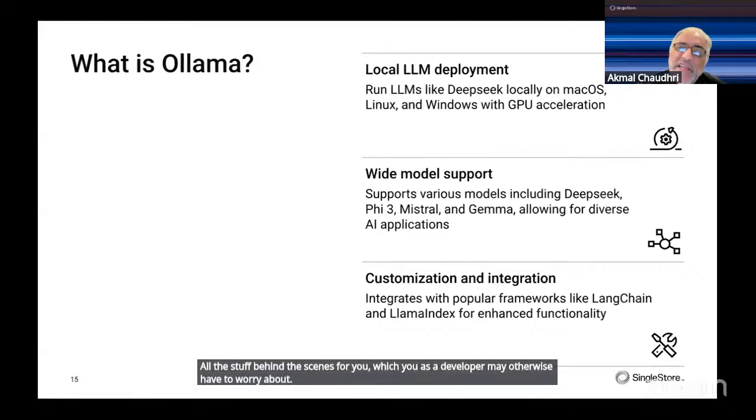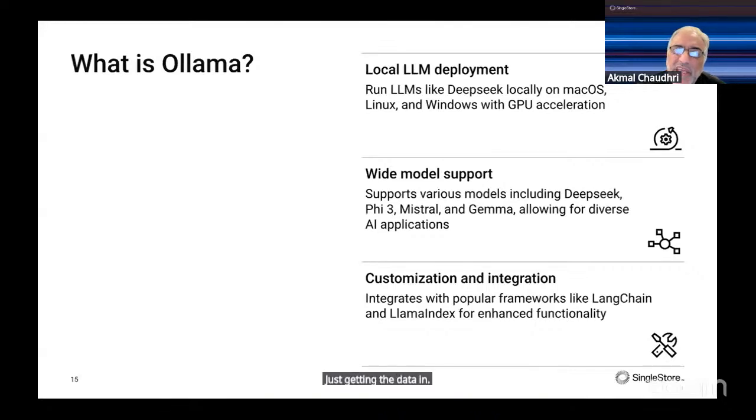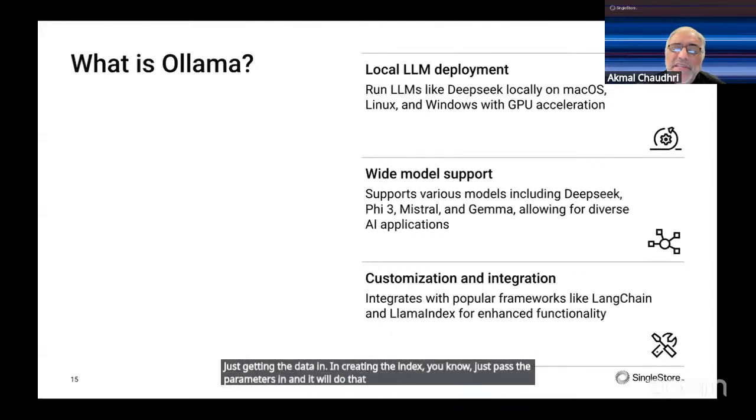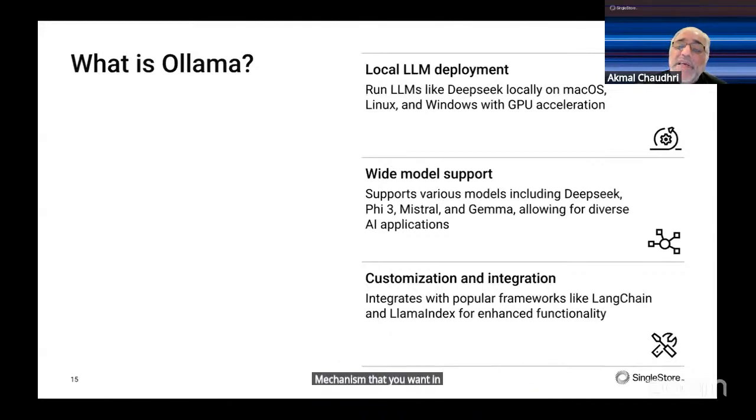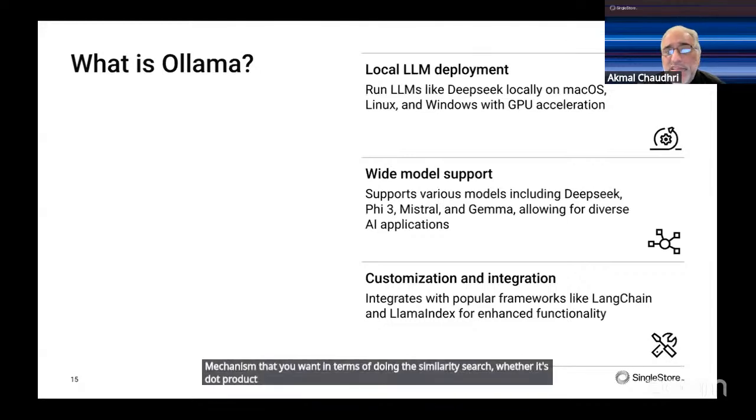Just getting the data in, creating the index, just pass the parameters in and it will do that all for you. Create the table, store the data, and you can do the similarity search as well. And you can even specify what mechanism you want for the similarity search, whether it's dot product or Euclidean distance, for example. Super easy to use.